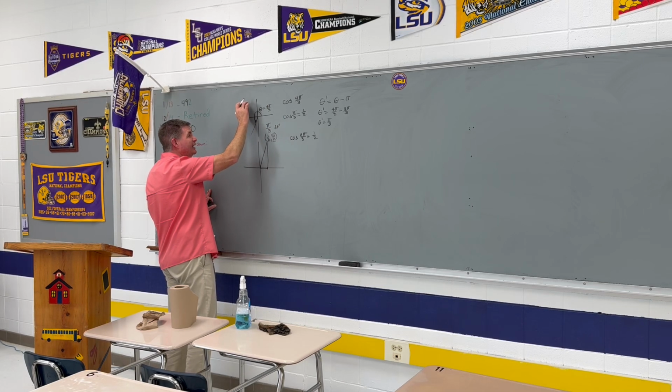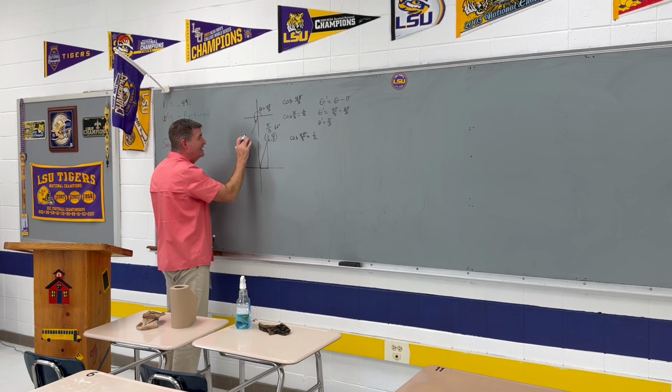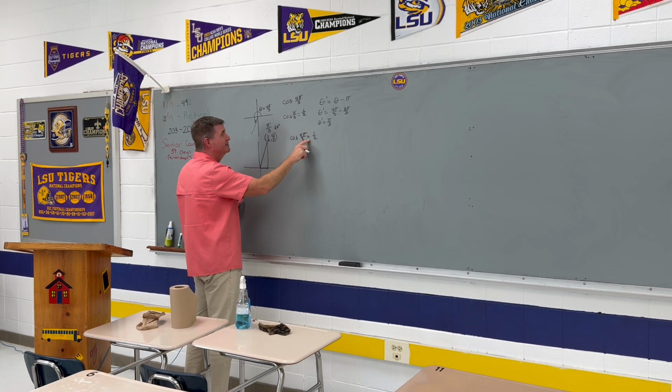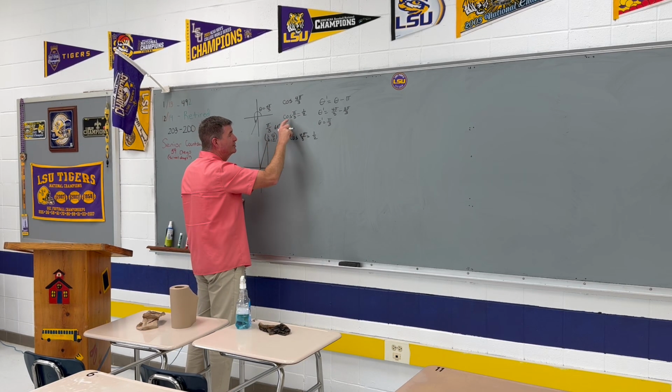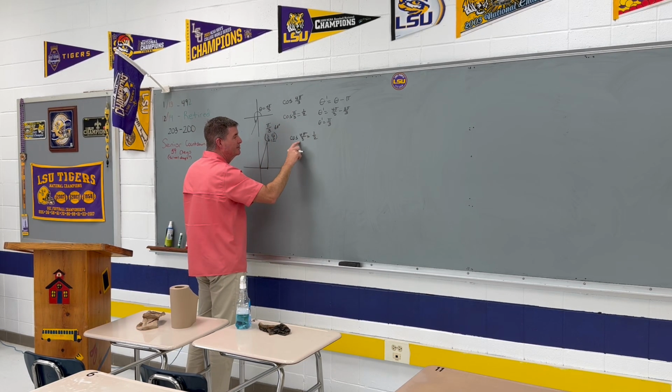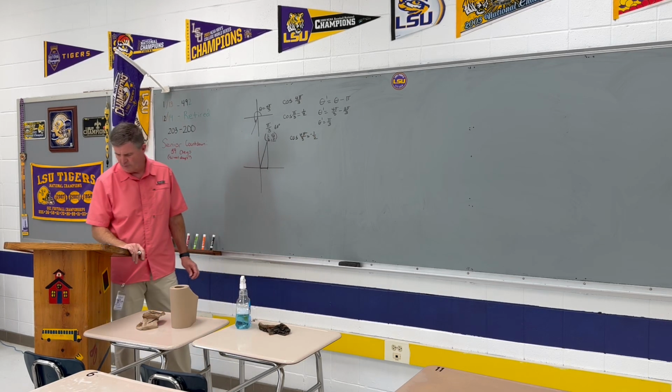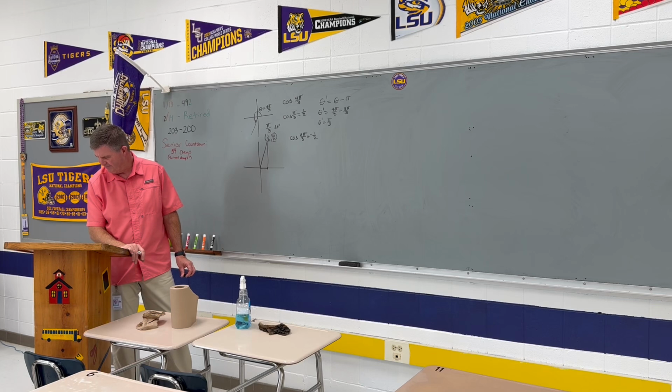Here the sine and the cosecant were positive. Here the tangent was positive, and here the cosine was positive. So since we're in the third quadrant, the cosine is negative. The cosine of 4 pi over 3 is negative 1/2.